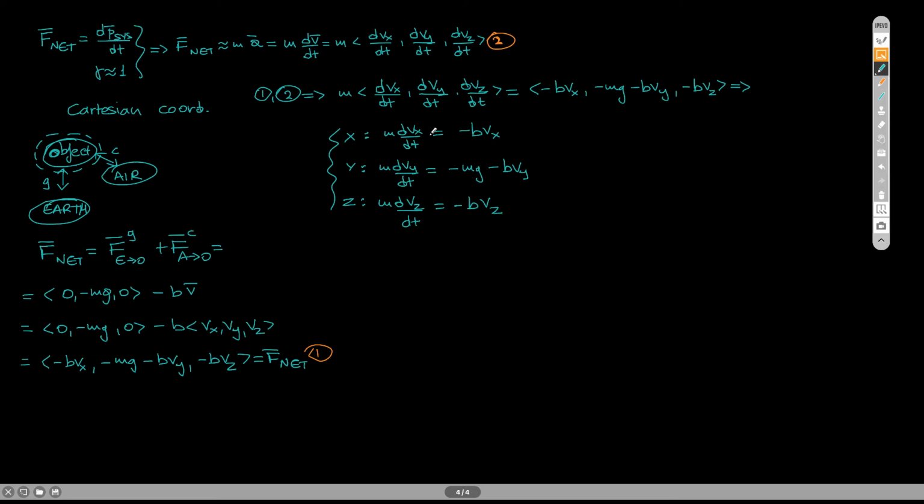Now one thing you can pay attention to here, the equations for x and z are similar. They are actually, if you change x for z, you get exactly the same thing. So when I solve these equations, I will only solve the x, and then whatever I get for x, I know my solutions are gonna be similar for z. Just change x to z and you got your answers. So this single vector equation became three equations, one for each component, and I will need to solve them to obtain the equations of motion.